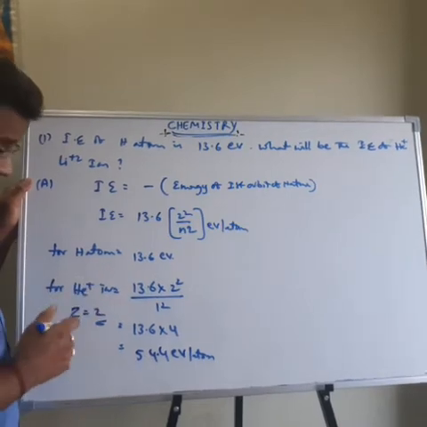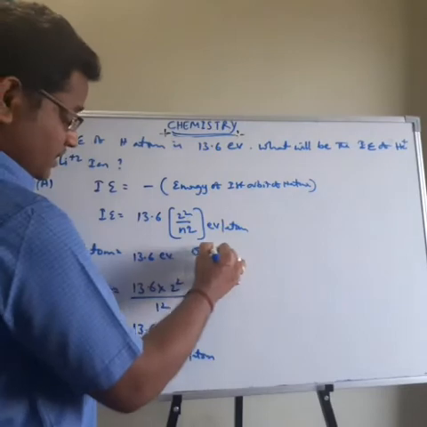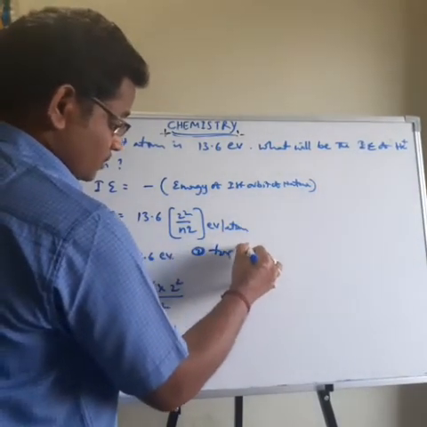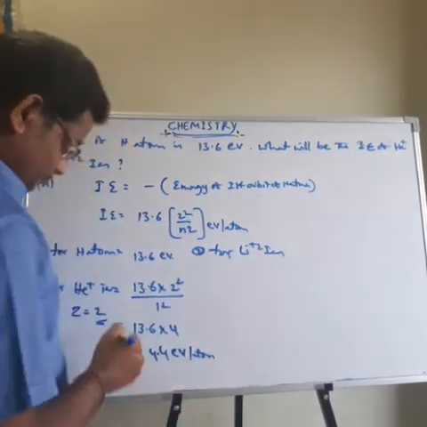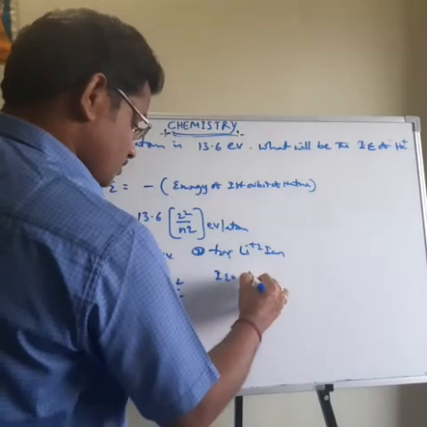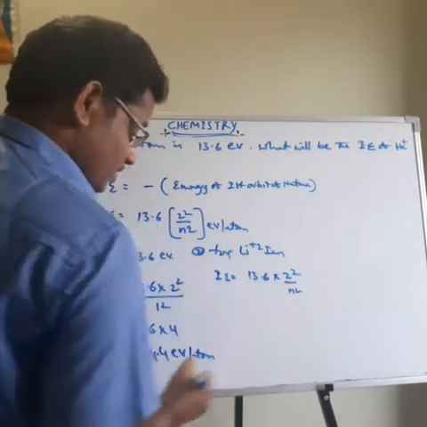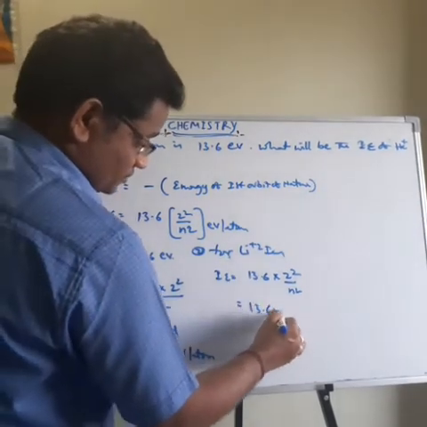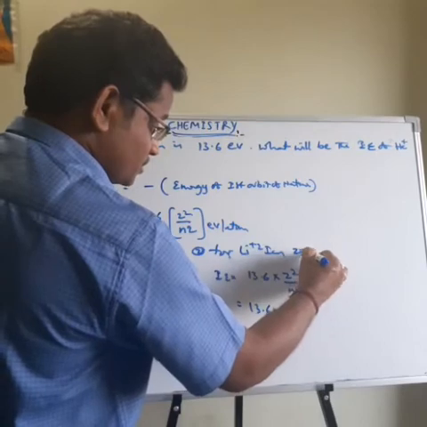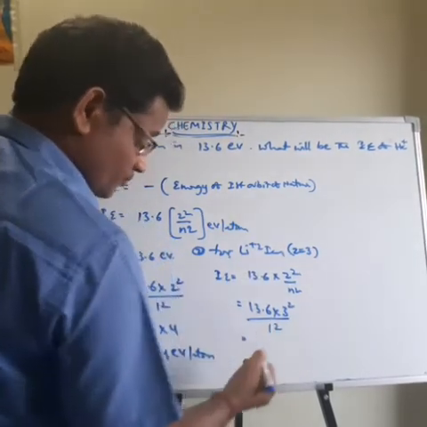Like that, lithium ions. This is the first one. The second one is for Li2+ ions. For Li2+ ions, ionization energy is equal to 13.6 into Z² by n² formula. 13.6 into lithium, the atomic number of lithium, what is the Z value? 3 squared divided by first orbit of lithium 1 squared.